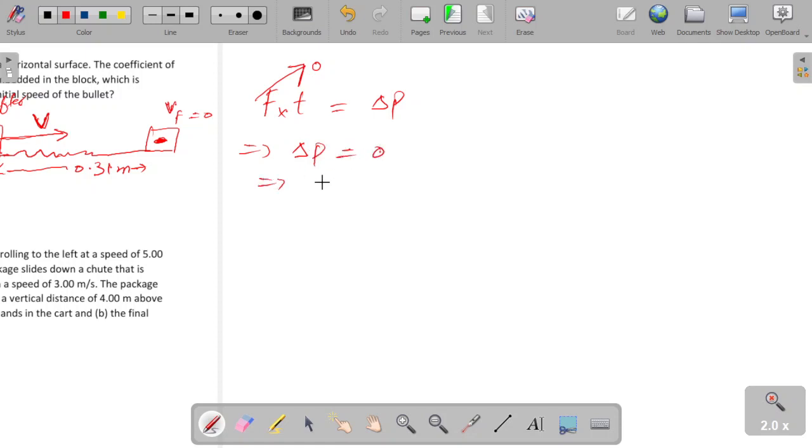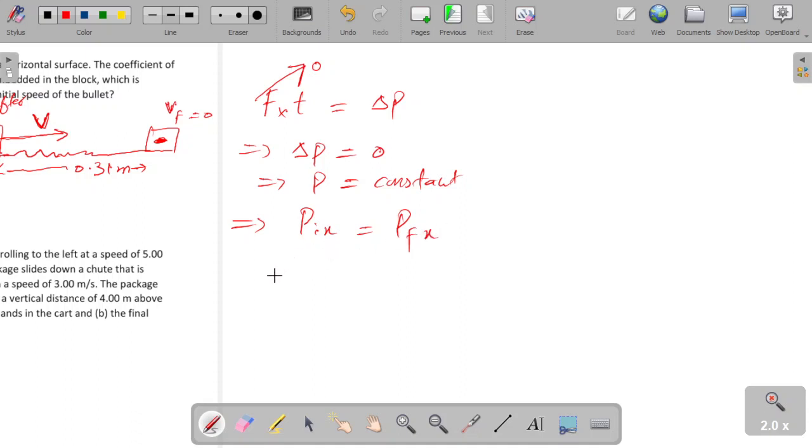This means that momentum remains conserved, remains constant. So it implies that momentum individually in the x direction and in the y direction will be conserved. So pix, the initial momentum in the x direction, is equal to the final momentum in the x direction.